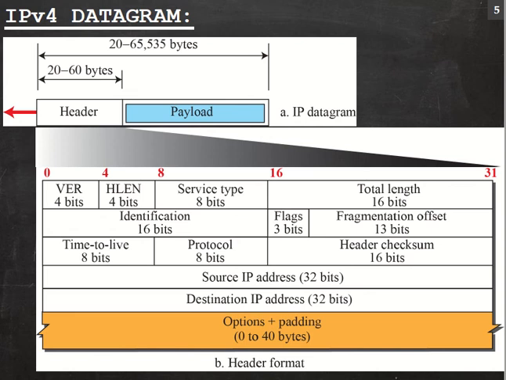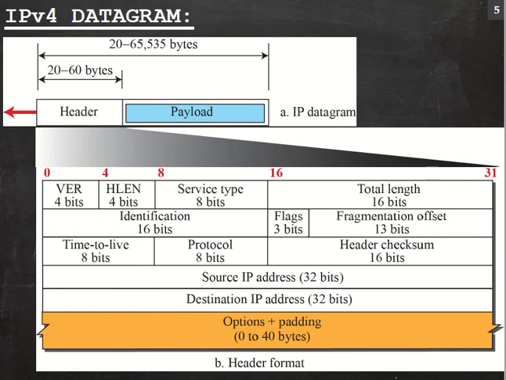When the source sends the datagram, it stores a number in the time to live field. Usually this value is approximately 2 times the maximum number of routers between the source and the destination. That is, if there are 3 routers, then the value will be 6.